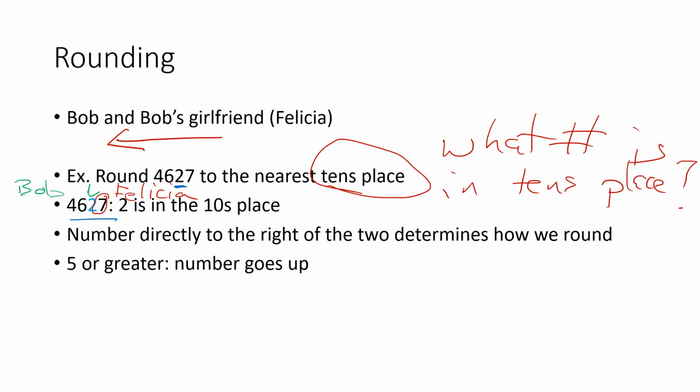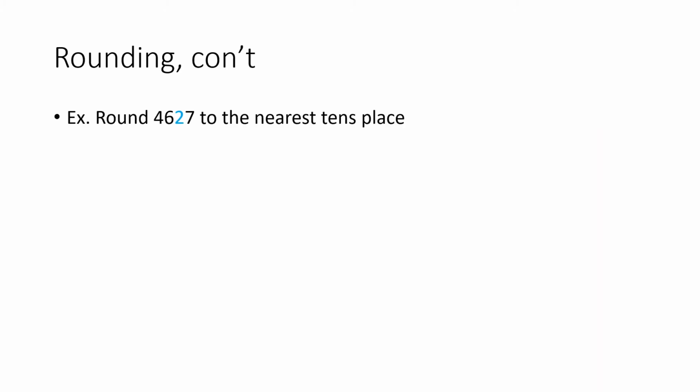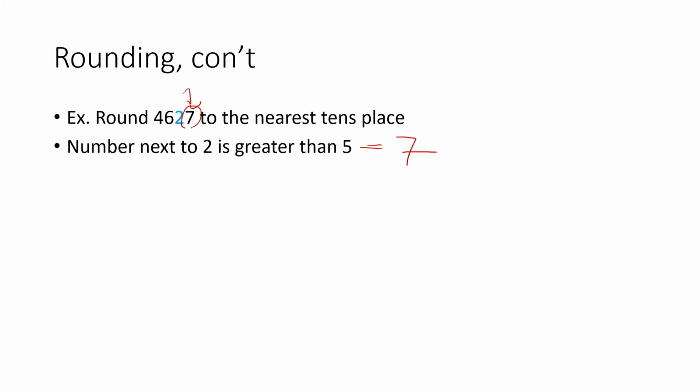If Felicia is 5 or greater, then Bob's going to go up. By number, I mean Bob. If Felicia is less than 5, Bob is going to stay the same. So in the case of our 4,627 here, the number to the right of the 2, there's Felicia, is 7.